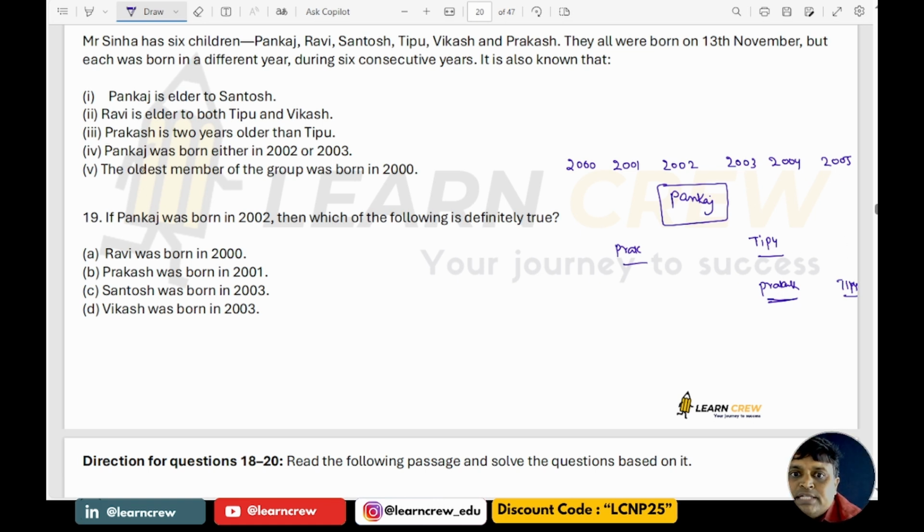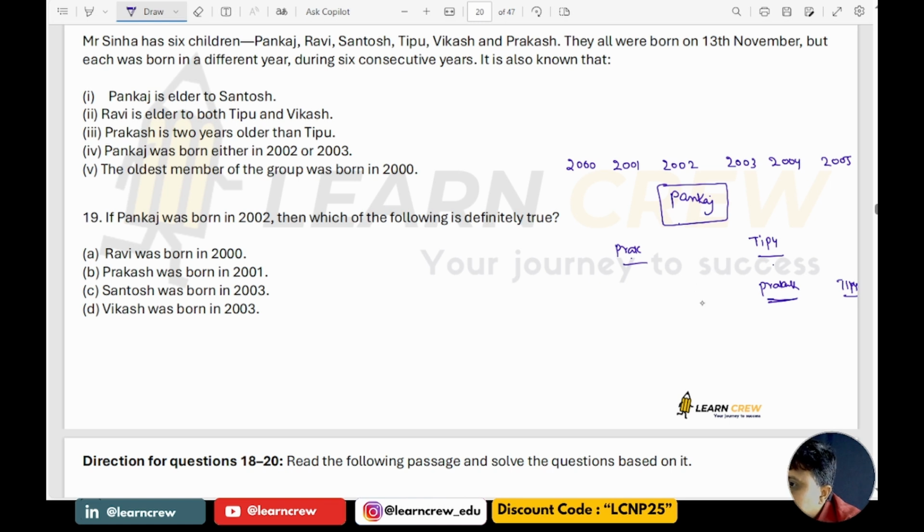And what else do you have? Prakash is 2 years older than Tipu. Pankaj, already the oldest member of the group, was born in the year 2000. Ravi is elder than both Tipu and Vikas. So one possibility is Prakash, Pankaj, Tipu.